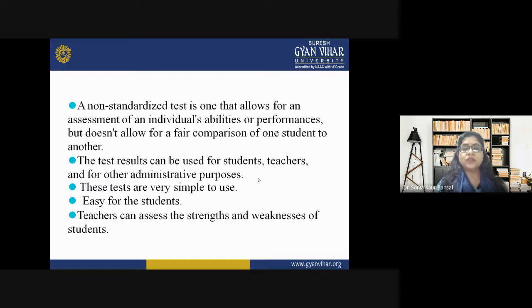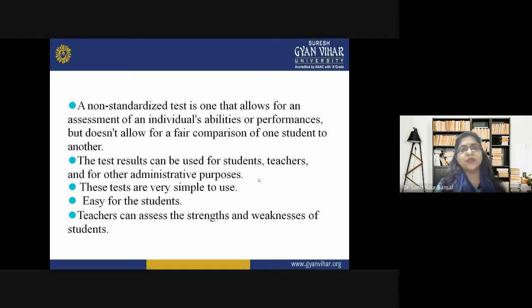No doubt, it allows a teacher to judge how capable a particular student is in doing a particular task or project or any psychomotor or cognitive activity the teacher has given to him or her in the classroom or in the playground or anywhere else the teacher wants to take the test. But it is also a fact about non-standardized tests that they don't allow for a fair comparison of one student to another. The test results can be used for students as well as for teachers and for administrative purposes also.